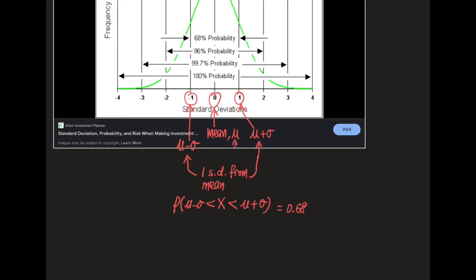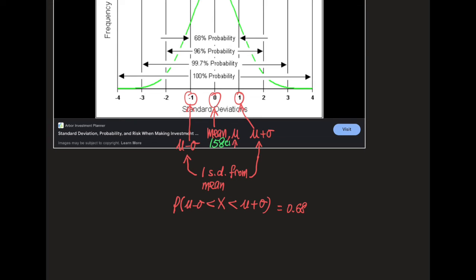Let me give another example. Let's say the mean is the average height of the students, 158 cm.